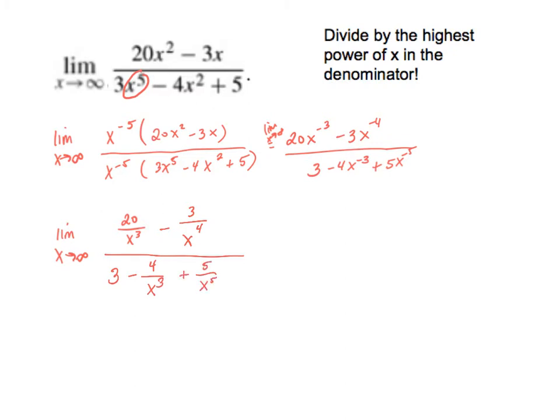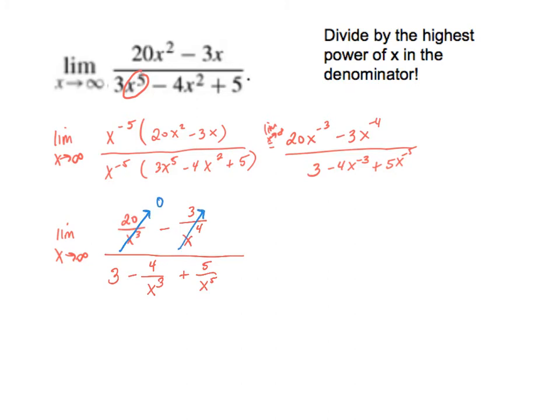Now what I want to acknowledge is that every time I have a number in the numerator divided by an x term, if we think about x going to infinity, I have 20 divided by infinity cubed. Small number divided by huge number always goes to 0.